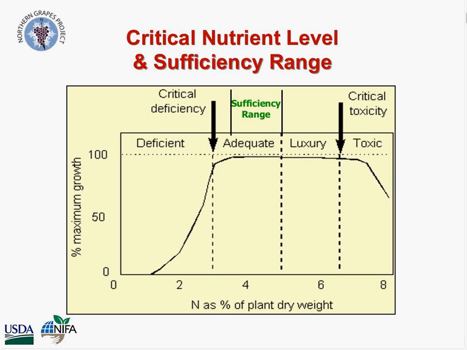Sufficiency is that area where the plants are performing well, and that has come about over time by years of testing from labs and putting the literature together, and it gets that area where they do well.